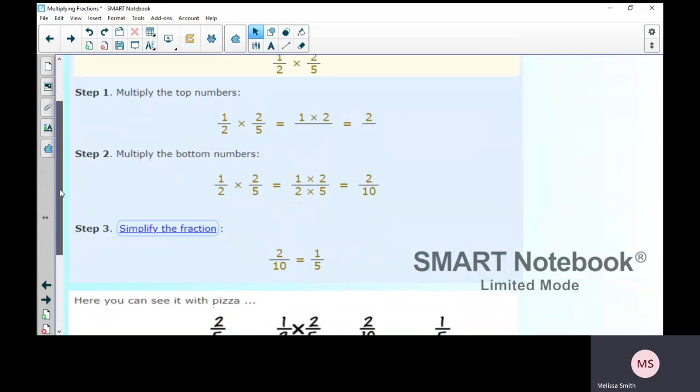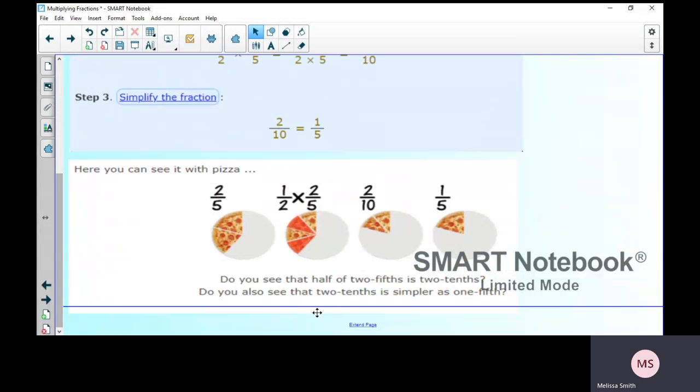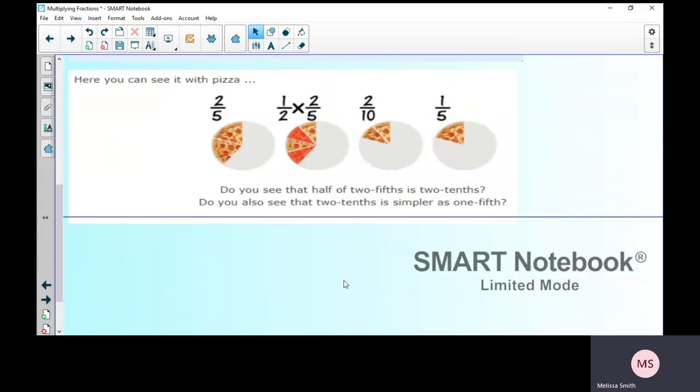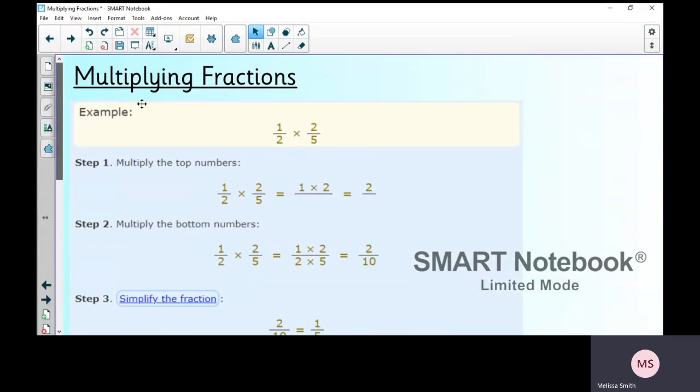Let's have a look at a visual representation of that to make that a little bit clearer. Now, you might be able to remember that when you see that multiplication sign, that's the same as saying of. So if we scroll back up to look at this here, 1/2 multiplied by 2/5 is the same as saying 1/2 of 2/5.